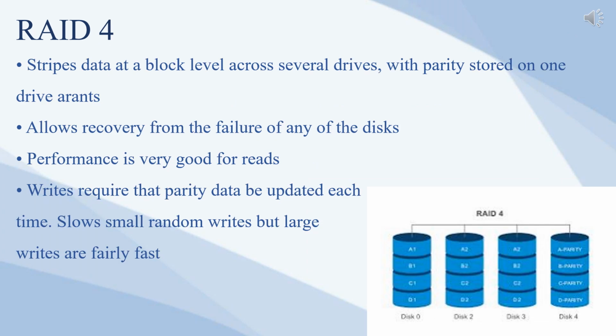RAID 4. In this level, block level striping with a dedicated parity disk. The advantage is that it is good for large sequential reads. It allows independent read and write operations, and the disadvantage is that write performance can be held up due to the dedicated parity disk.